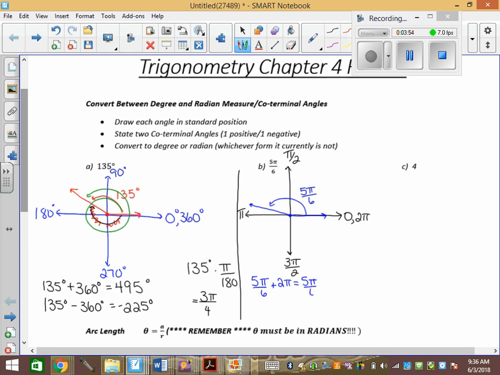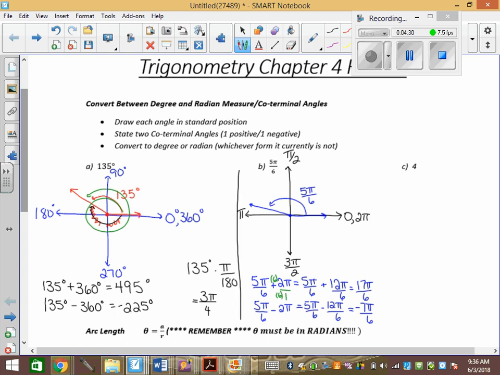So we're going to get 5 pi over 6 plus, I'm going to multiply this one by 6, so we're actually going to get 12 pi over 6, which is 17 pi over 6. And we're going to go the opposite way, 5 pi over 6 minus 2 pi. Same thing's going to happen, but we're subtracting. So 5 pi over 6 minus 12 pi over 6 is negative 7 pi over 6.